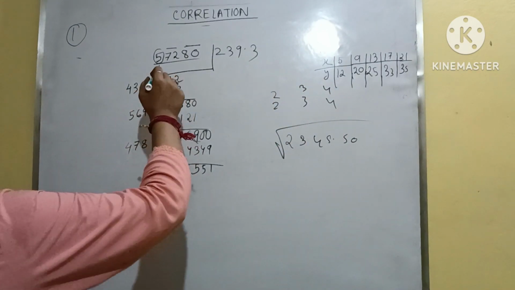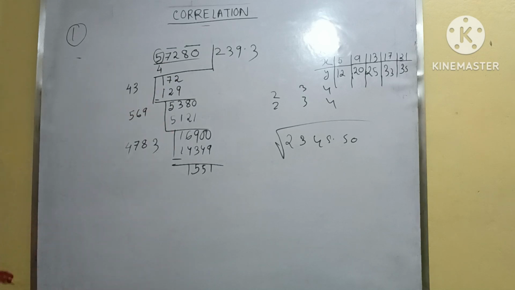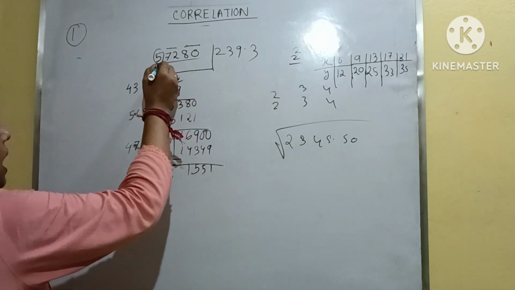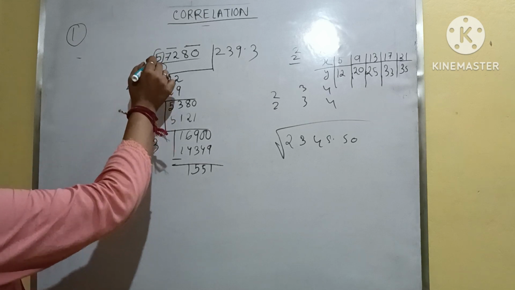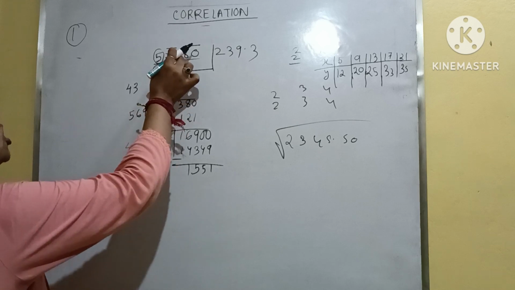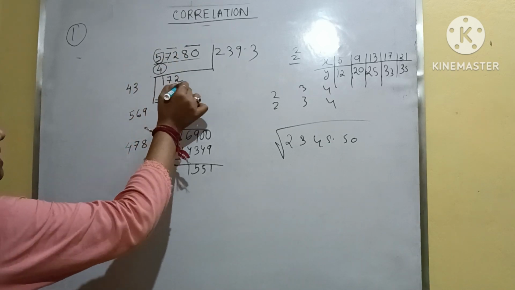So first here 5, which number goes with the 5? 2 2s are 4. So I have written here 4. After that I subtract this 4 from 5, and then we get 72 as a pair, and here I put the 72.